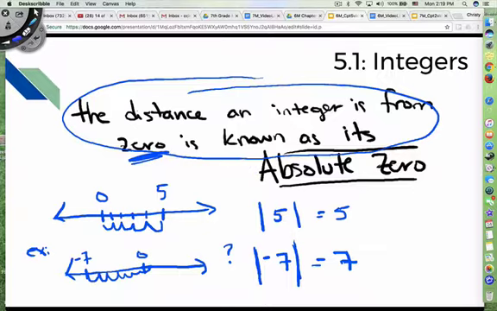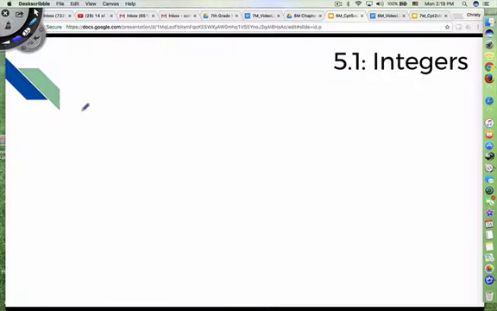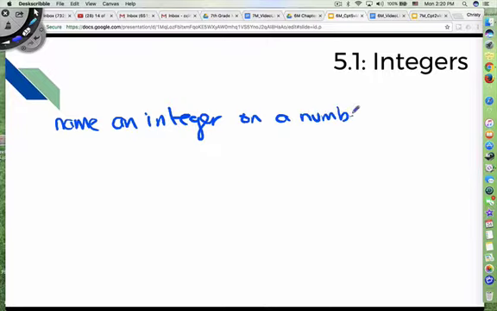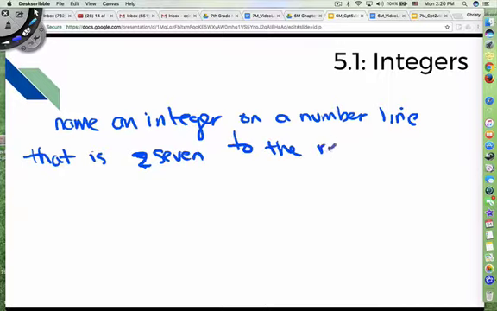A type of homework question you might have today is: name an integer on a number line that is 7 to the right of -8.